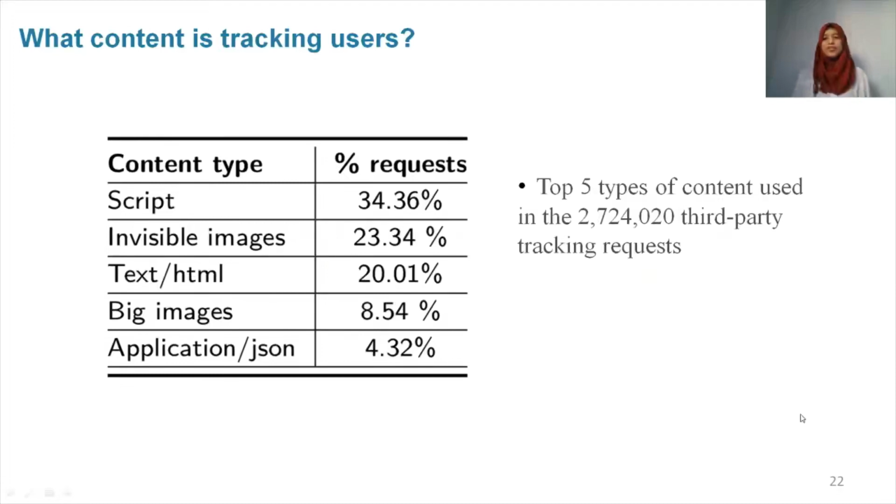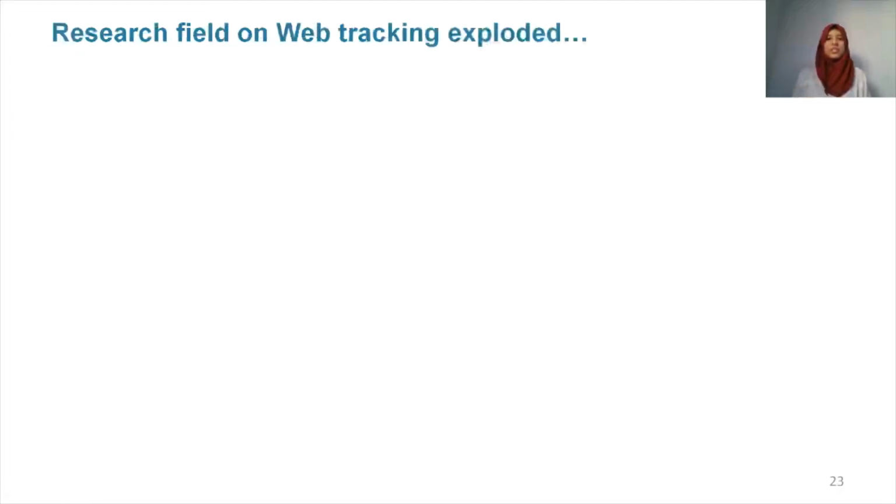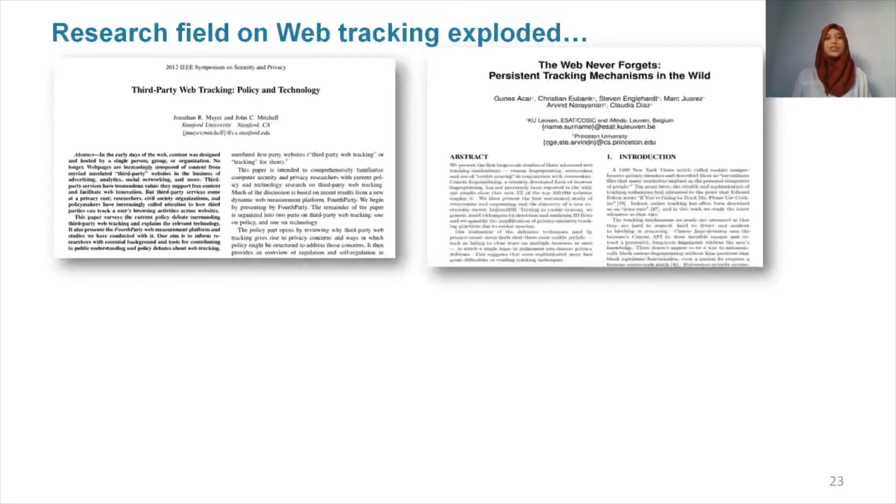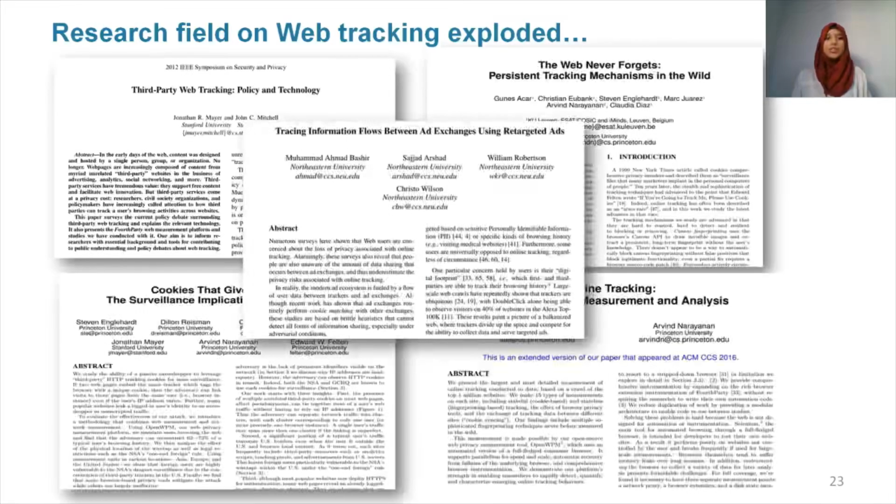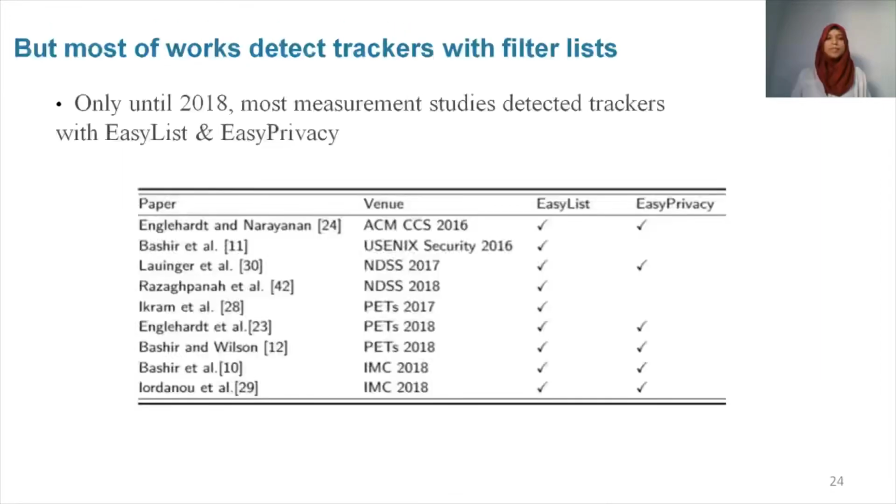Given how intrusive web tracking is for the user's privacy, it was normal to see that in the last decade, the research field on web tracking exploded. More and more researchers were interested in the detection and measurement of web tracking, but most of these works detected trackers with filter lists. Until 2018, most measurement studies detected trackers with EasyList and EasyPrivacy.